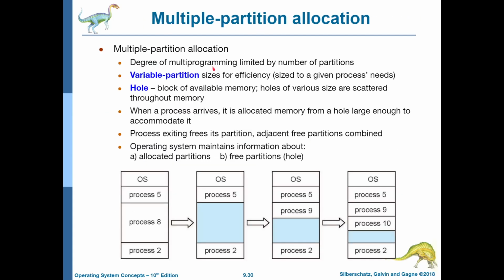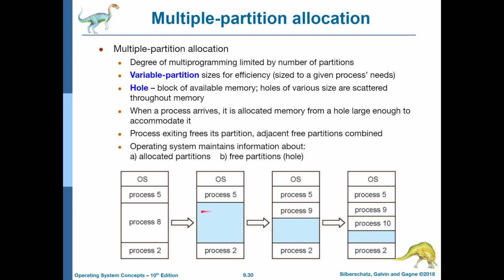So if we go back to our previous diagram, when process 9 exits or is swapped out, the hole that is left behind, as well as this hole right here, is considered external fragmentation.